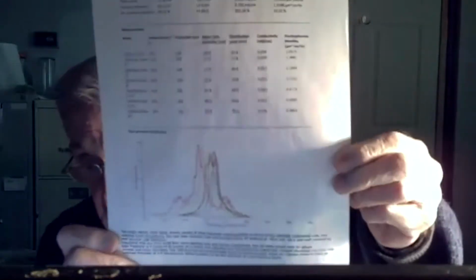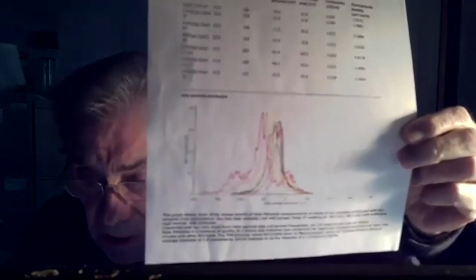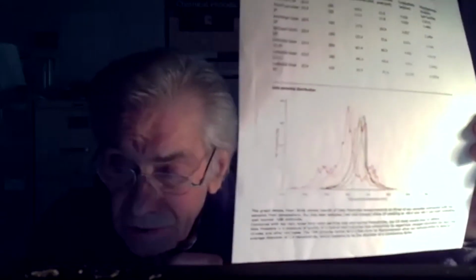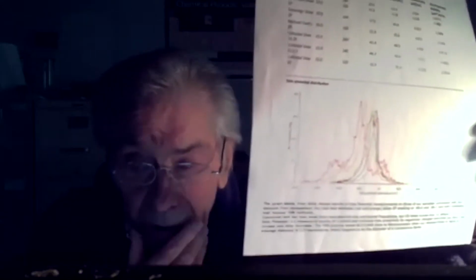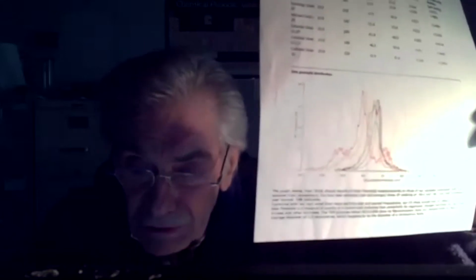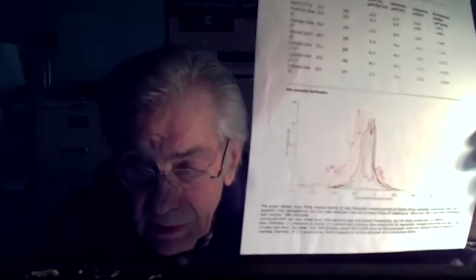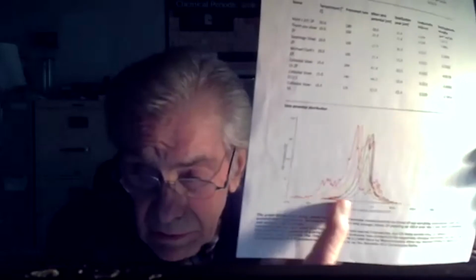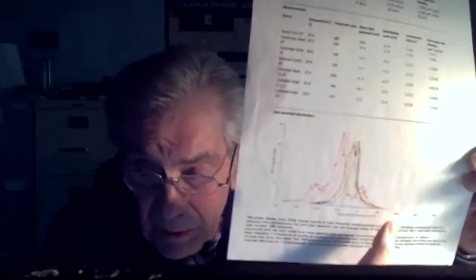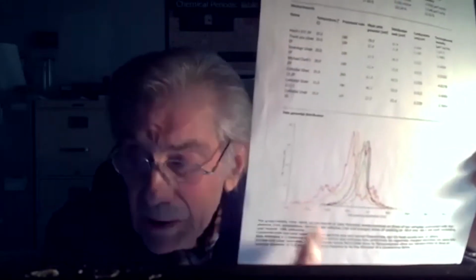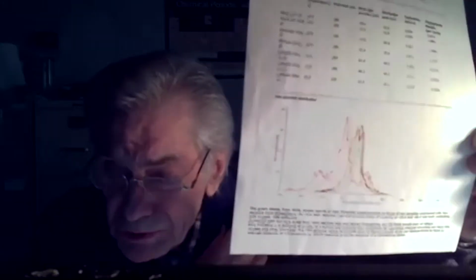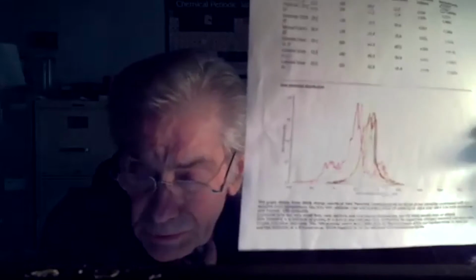Like this is a graph of several different colloidal silvers from other manufacturers, including my own. And the zeta potential on mine is the one that's up here. Up is minus 100 up to almost 150. That's a phenomenally high zeta potential.